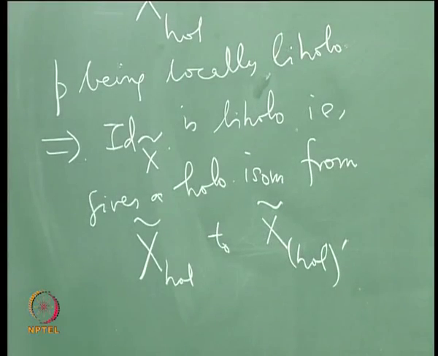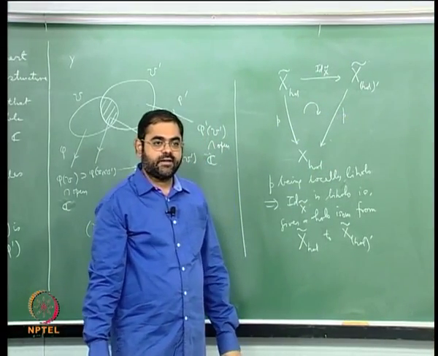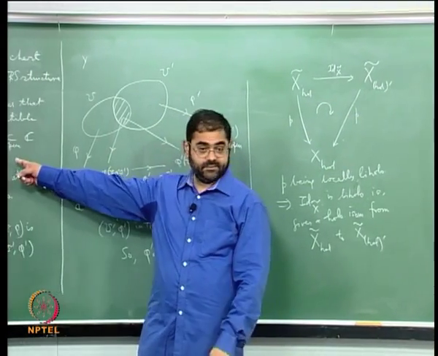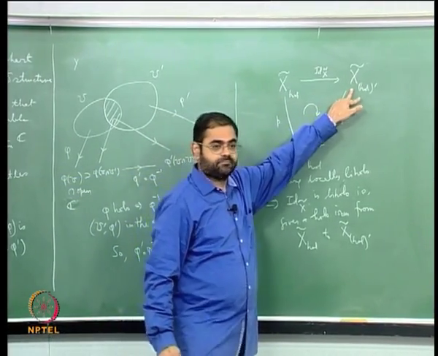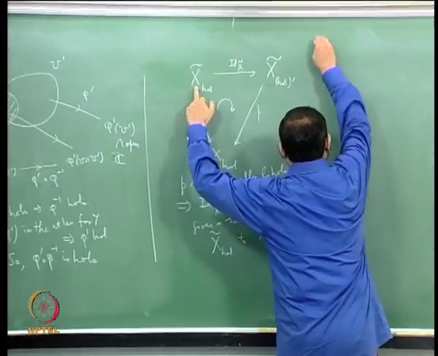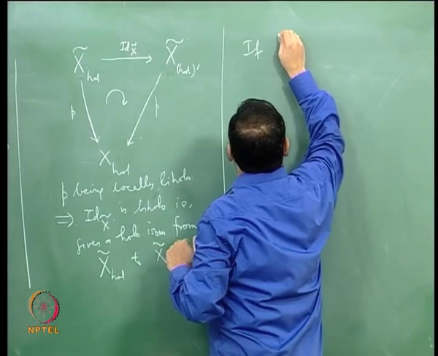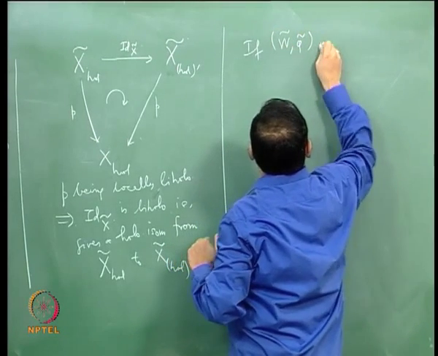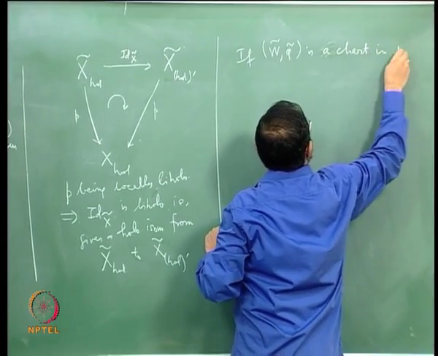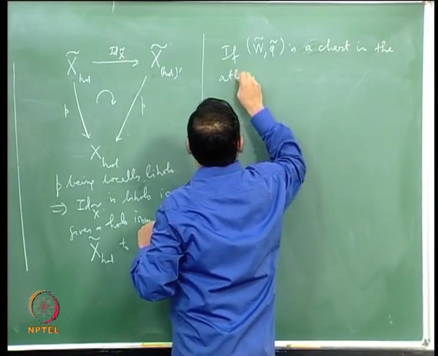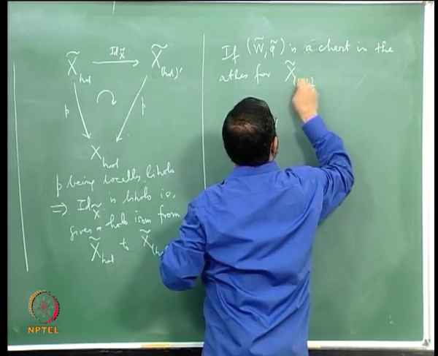Now this should tell you that these two are the same. If you have any doubt, you just have to apply this. Let me take any chart there. Say W tilde comma phi tilde is a chart in the atlas for X tilde whole prime.